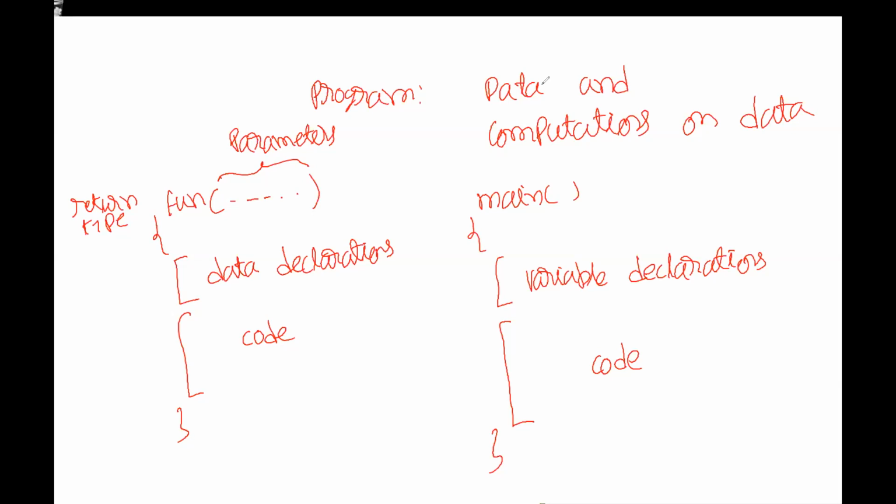The first problem you have to figure out is, given a problem, how do you organize the data? Number one. Number two, of course, in order to process that data, you need to come up with an algorithm, a sequence of computations which act on the data.